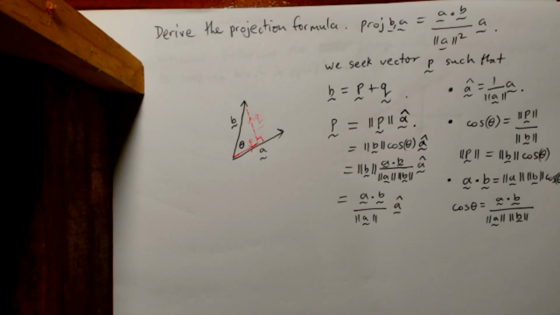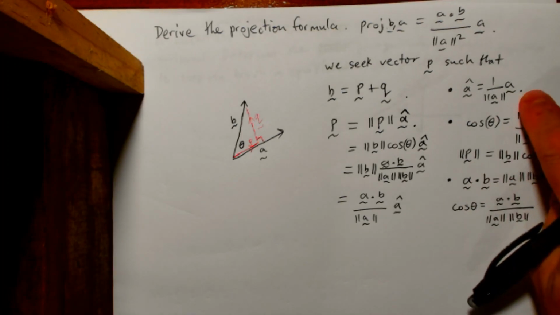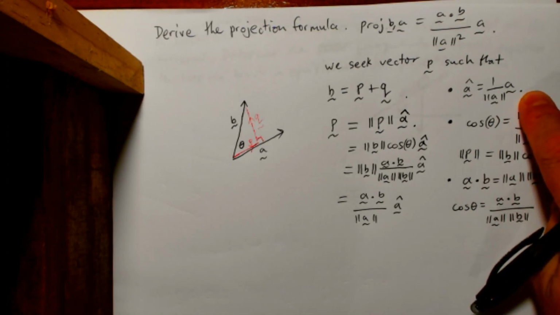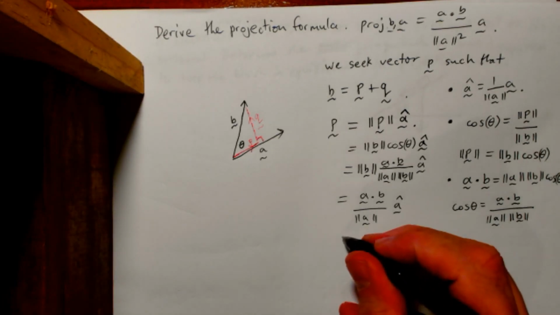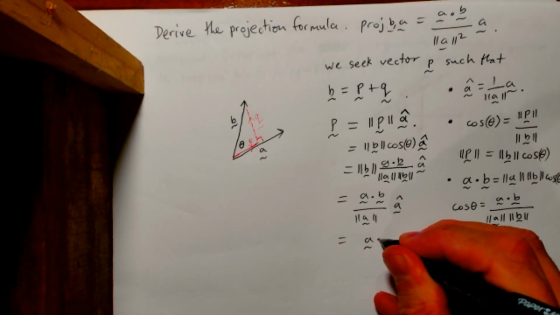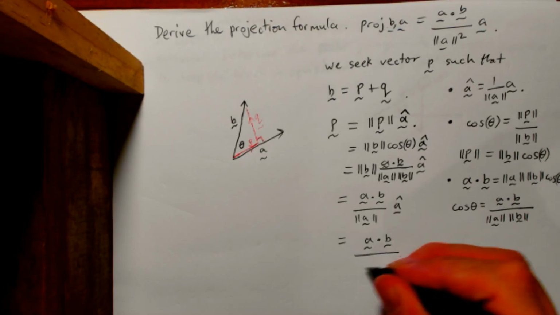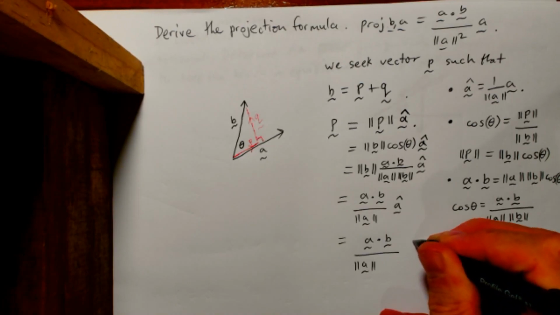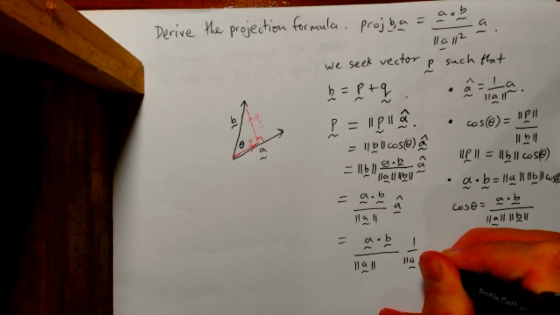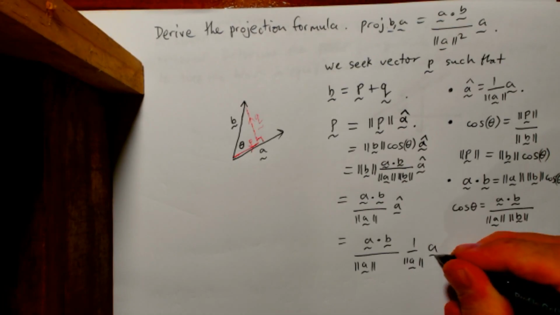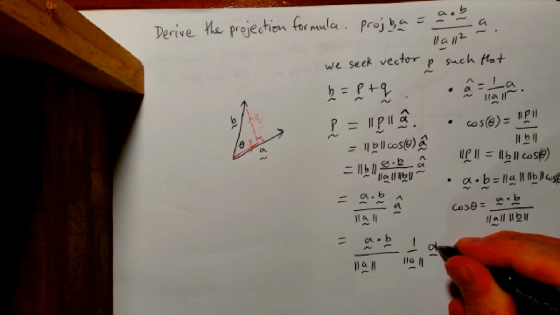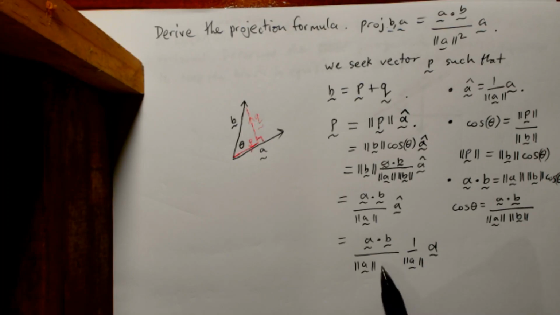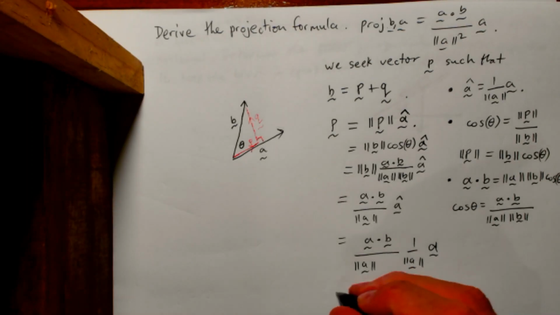Now let's use our formula up here for A hat, which is 1 on the norm of A times A. So we've got A dot B over the norm of A times 1 on the norm of A times the vector A. Now we can move this over to be with this one, and on the denominator we will have the norm of A squared.